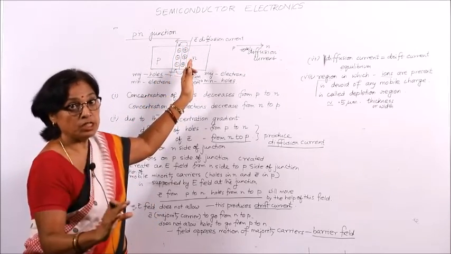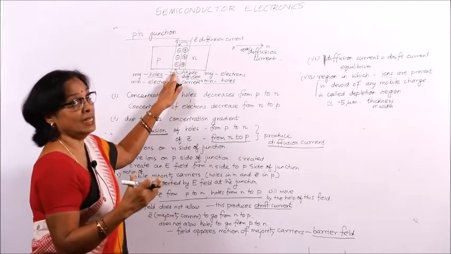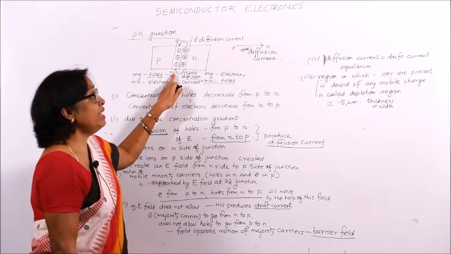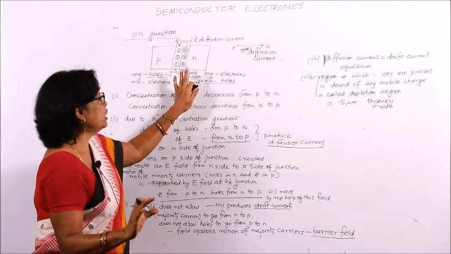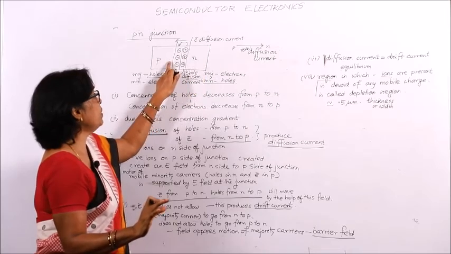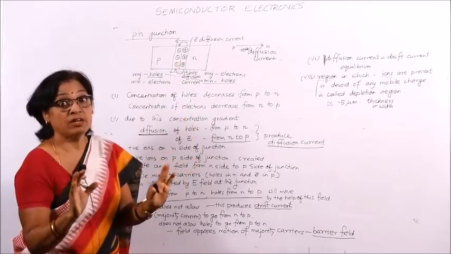This will produce an electric field. Now this electric field will not support the motion of majority carriers. It will not allow electrons to go from n to p, it will not allow holes to go from p to n. That is why it is called a barrier field.